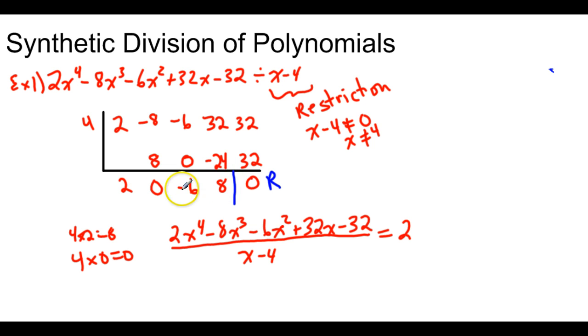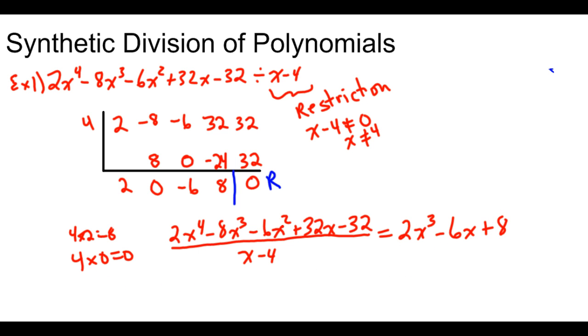Now if we work backwards, this is my constant term, this is my x term, this is my x squared, and this is my x cubed. So I have 2x cubed, 0x squared, minus 6x, plus 8. The 0 remainder will come into play in the next little bit.